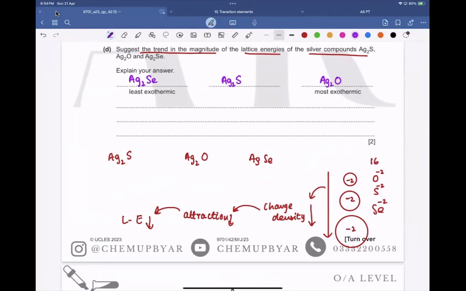So that's what we are going to write. That's what I have discussed: the size of anion decreases from selenide to sulfide to oxide.